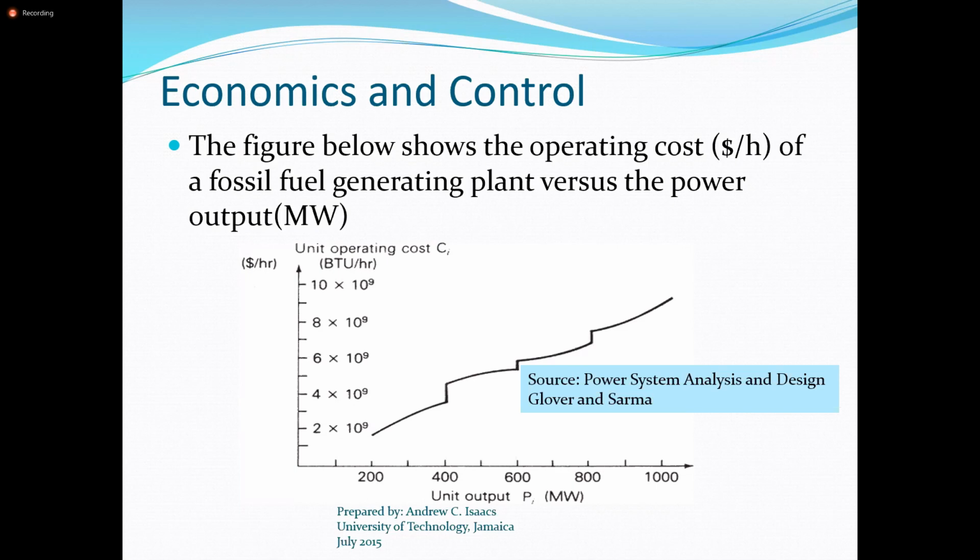Fair enough? So if you keep P fixed and vary Q, you're going to see changes in both.